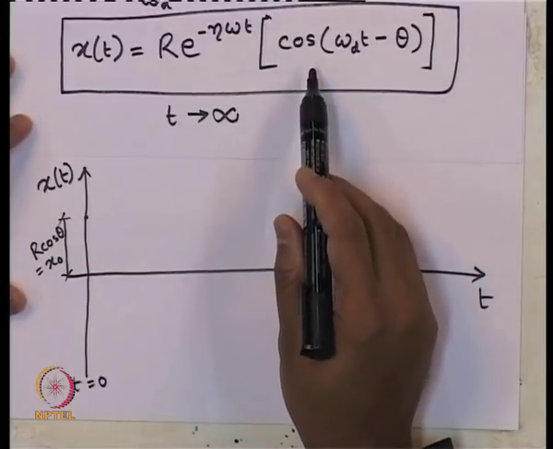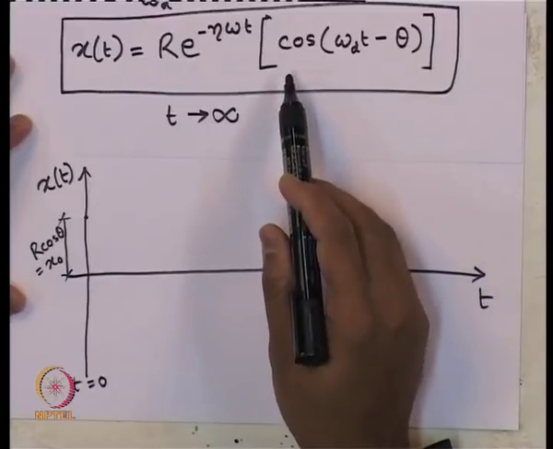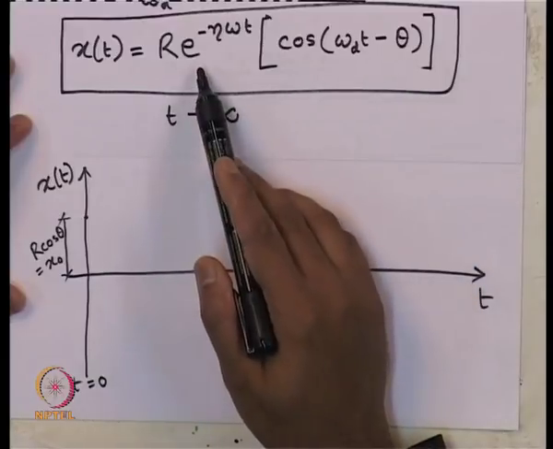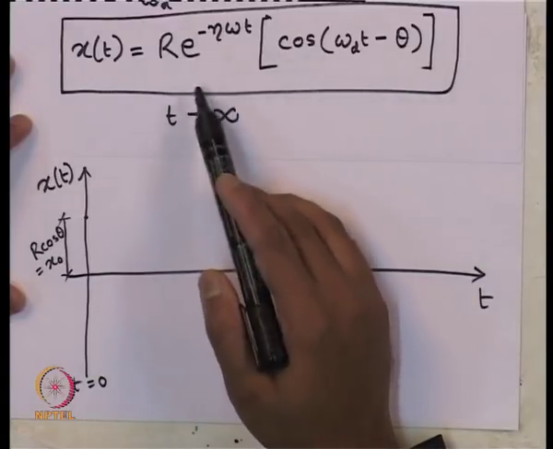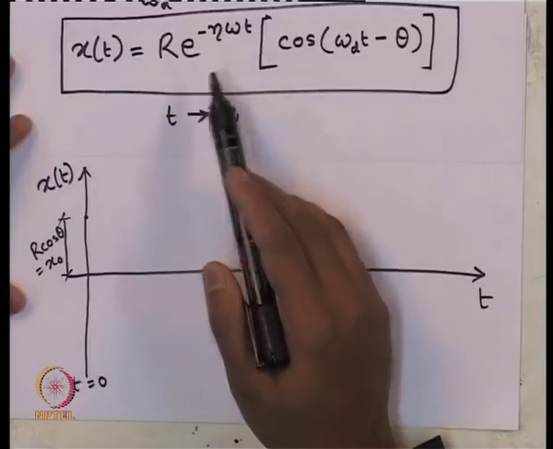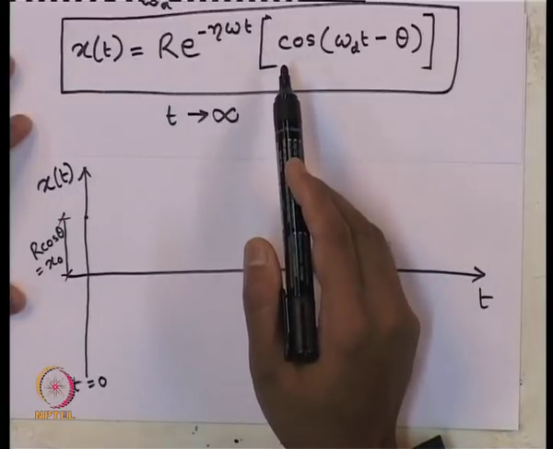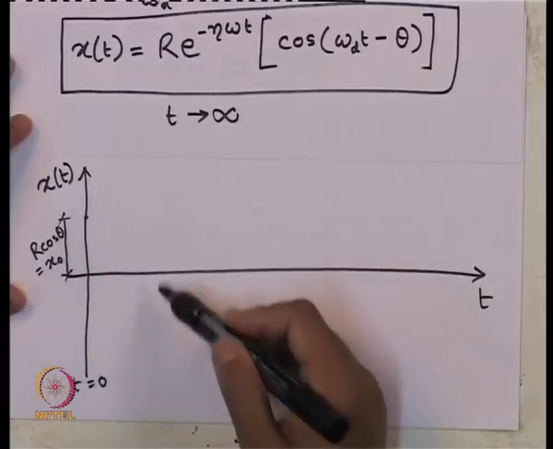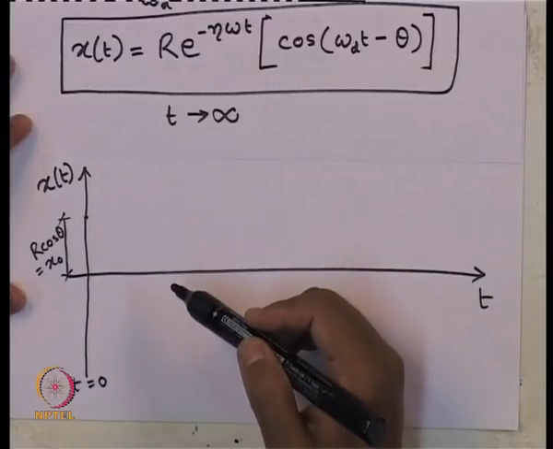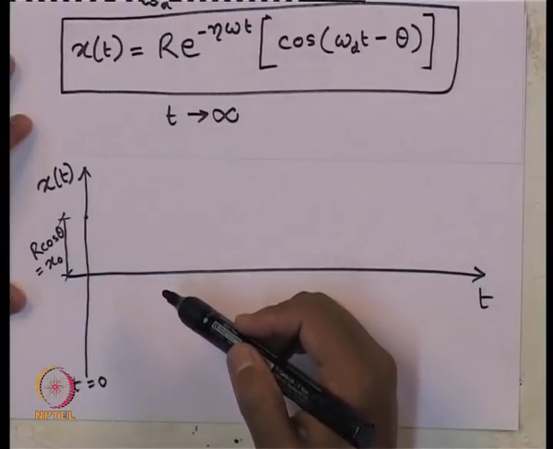Look at the response. It is a harmonic function, a cosine function, combined with an exponential decay function. The variation will be like the first case, the undamped case.